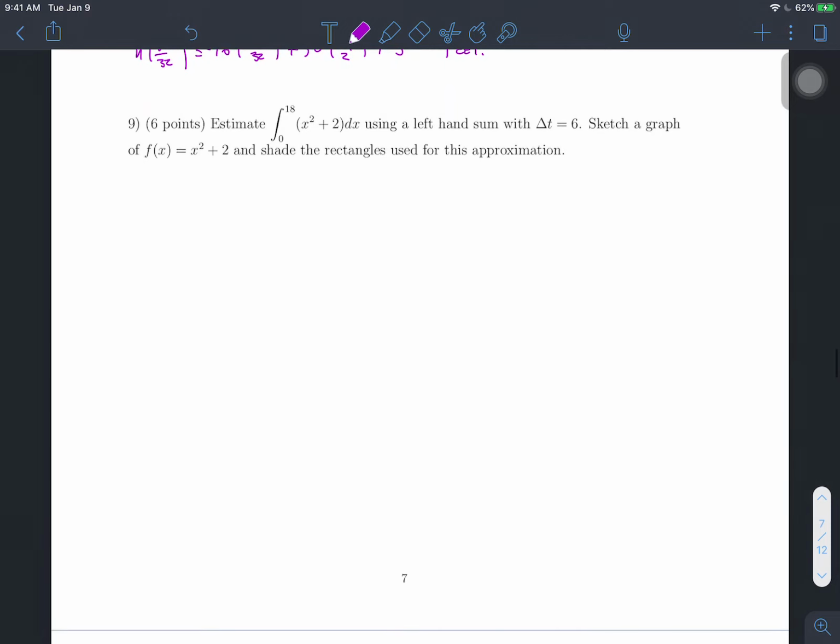Okay, so we have some function, the integral of x squared plus 2 dx, and we want to use a left-hand sum with rectangles of width 6.